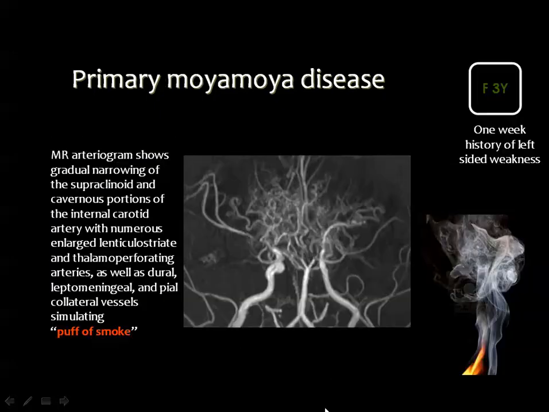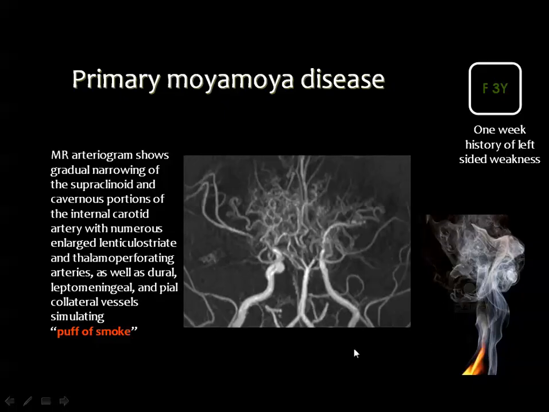Instead, you will see an area of collaterals or dilated vessels, which will appear on imaging like a puff of smoke. And this is the case of primary moyamoya disease in a female child 3 years old with left-sided weakness.